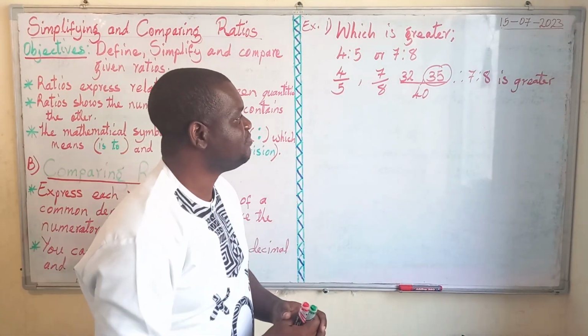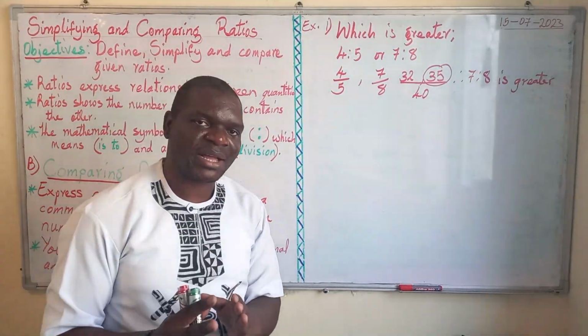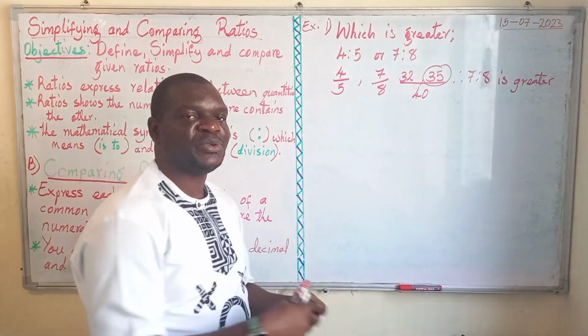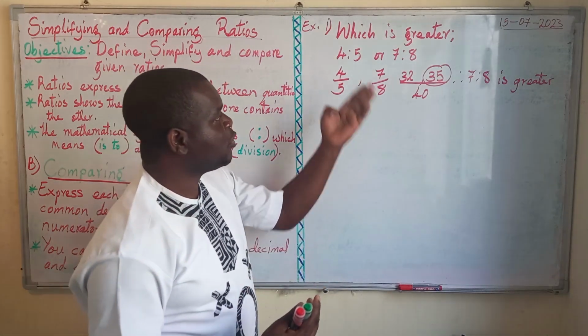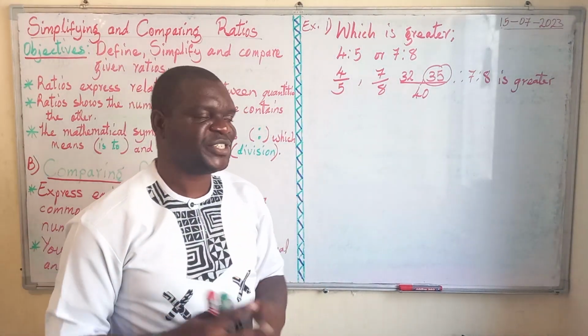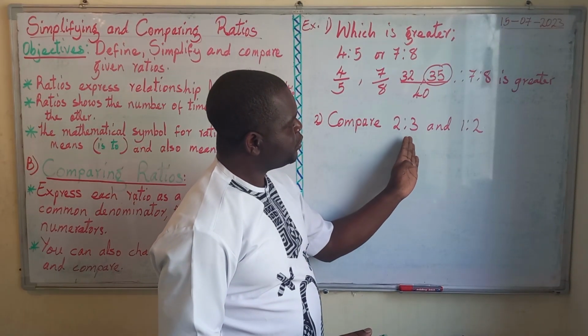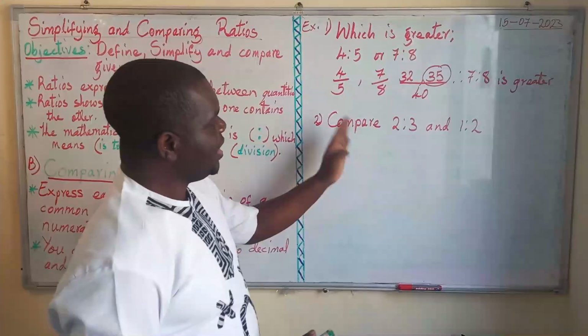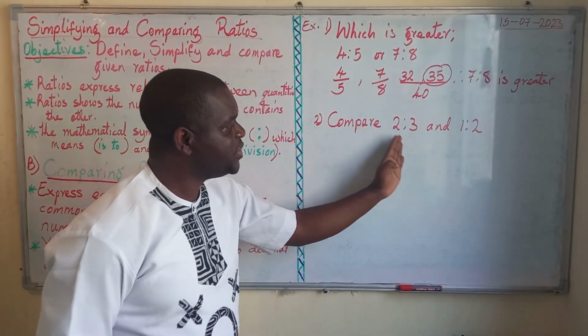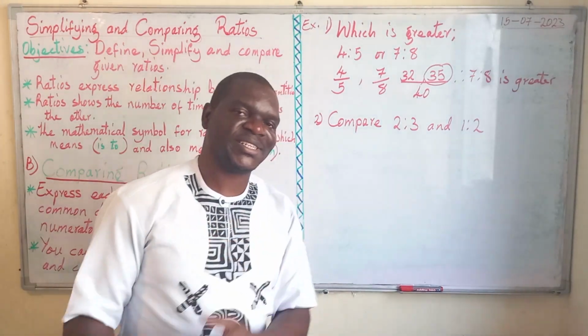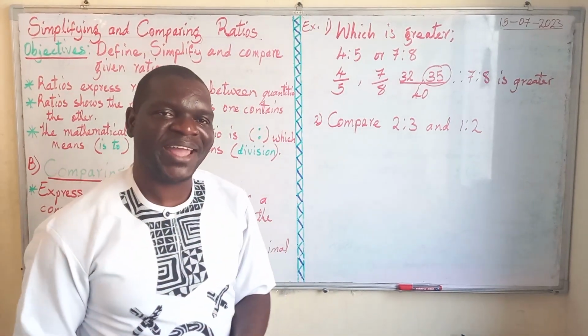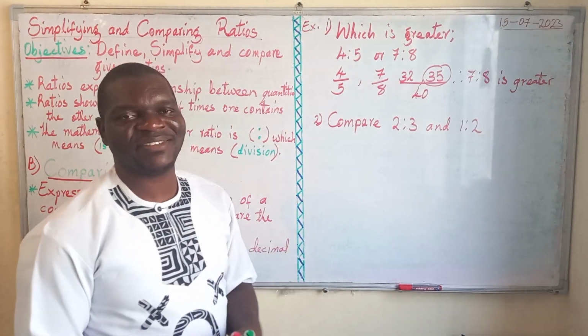So this is what you can do as far as this is concerned to find out which is greater. Let's look at the second example, and of course, this will take us to the second method through which you can compare different ratios. Compare 2:3 and 1:2. In this case, we are going to change these ratios into decimals. Then we compare the decimals to find out which is greater.